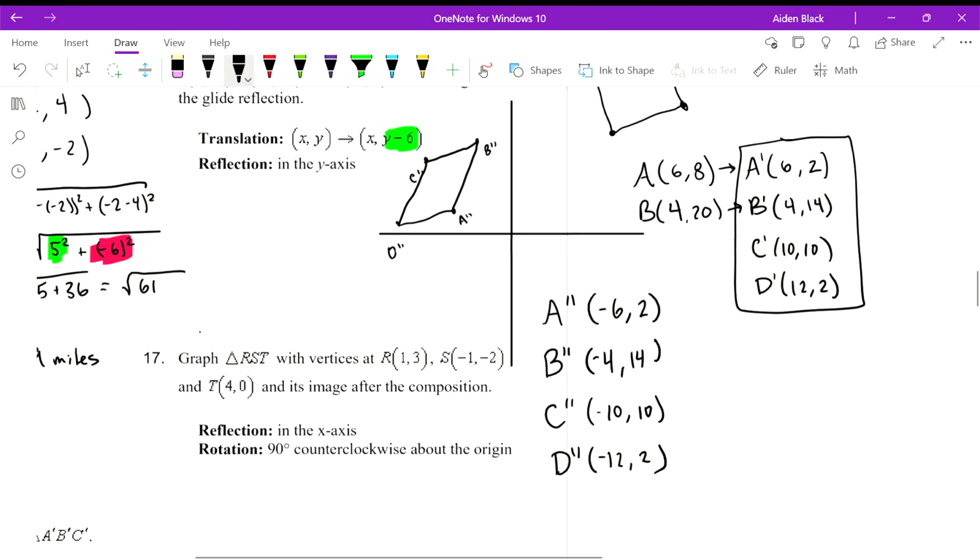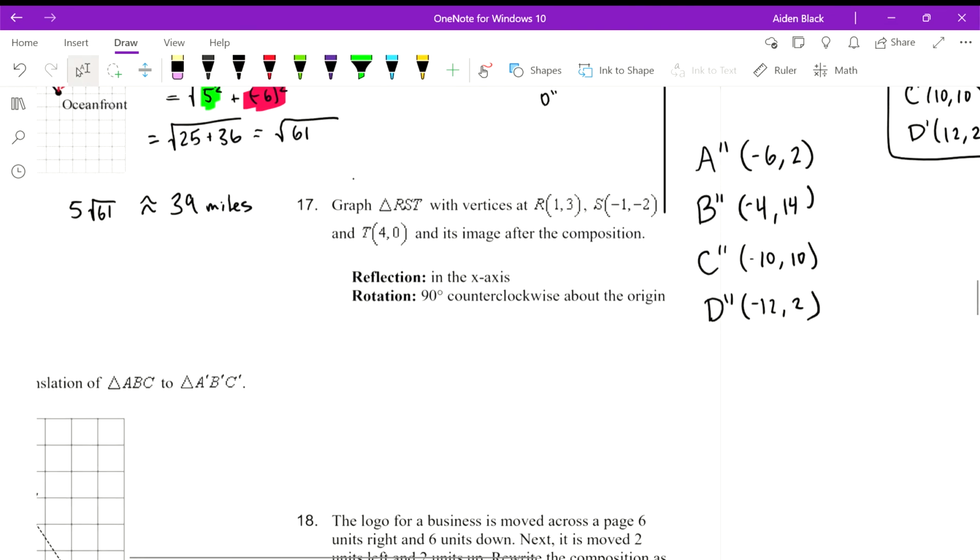Okay. This is really the same thing. The harder part is remembering the rule for 90 degrees counterclockwise about the origin. It should be negative y, x.